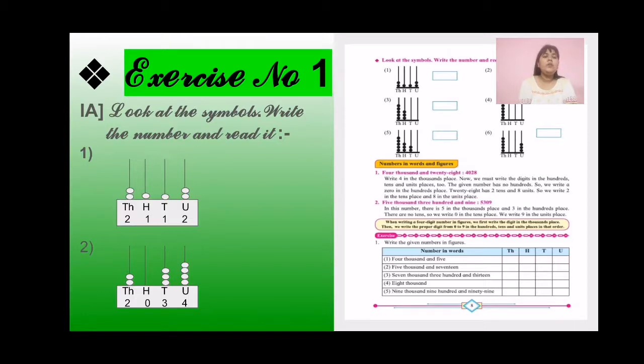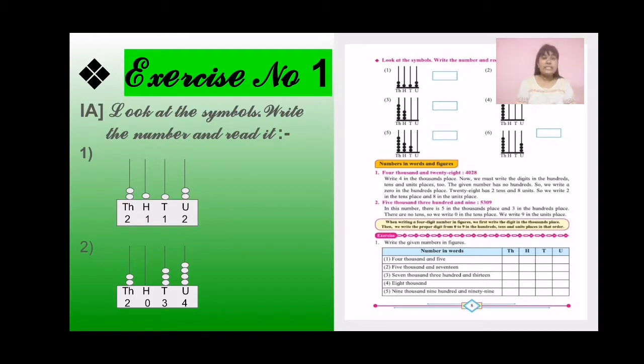Now above unit, how many circles can you see? 2. So write down 2. Above tens, 1. Write down 1. Above hundreds, how many circles? 1. Write down 1. Above Th, how many circles can you see? 2. So you write down 2.